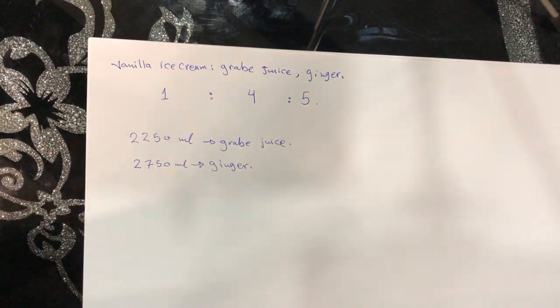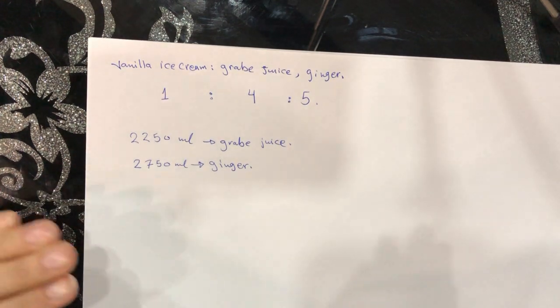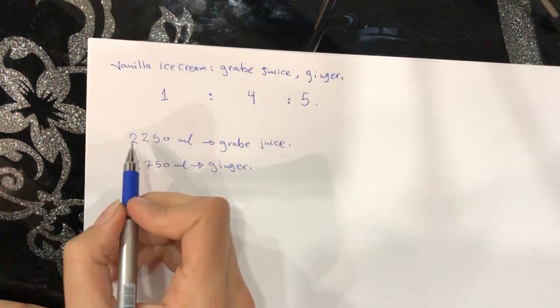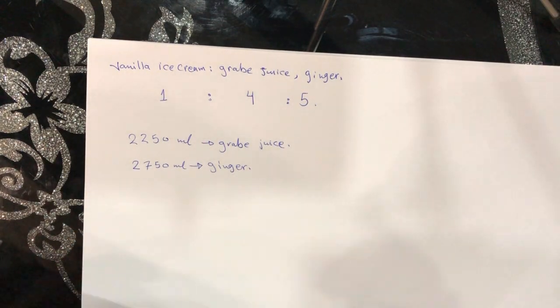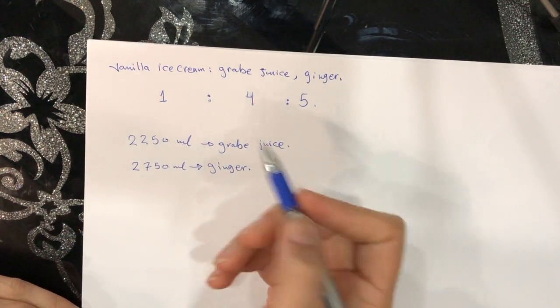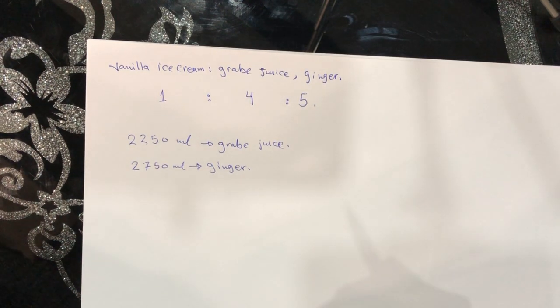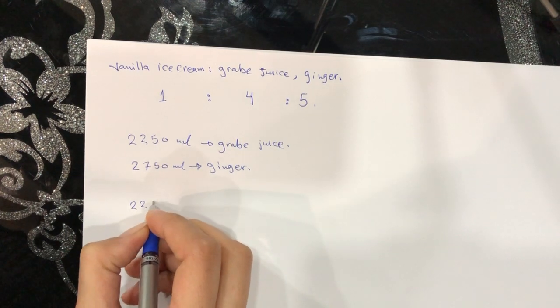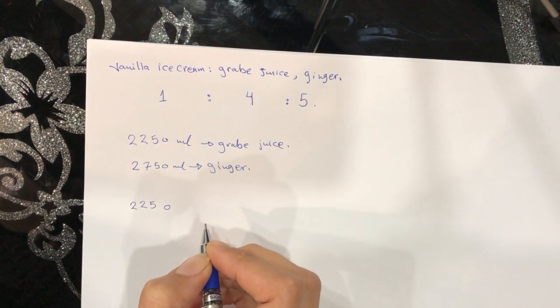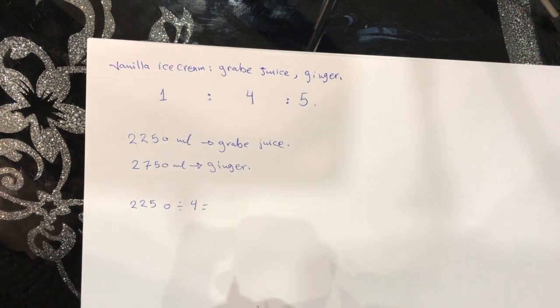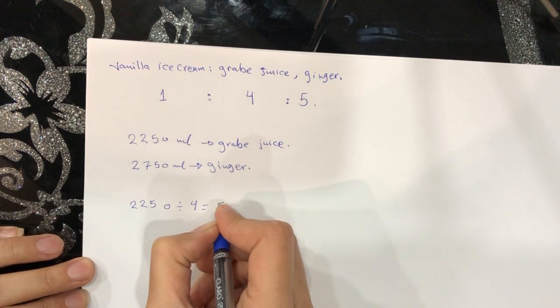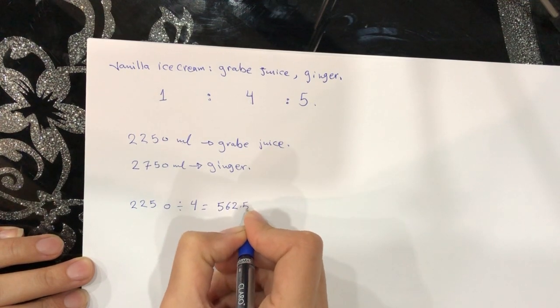Let's say, for the sake of argument, she will use all the grape juice that she has, which is 2,250 milliliters, divided by 4 units to make a ratio of 4. If we divide 2,250 by those 4 ratios, we will have an answer of 562.5.